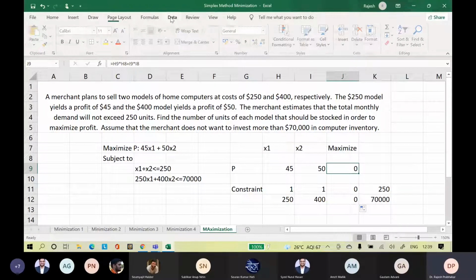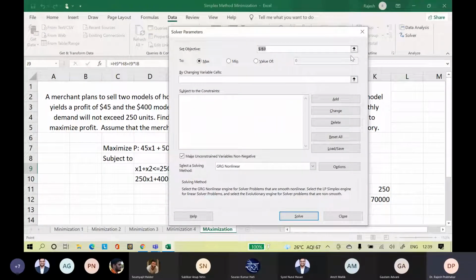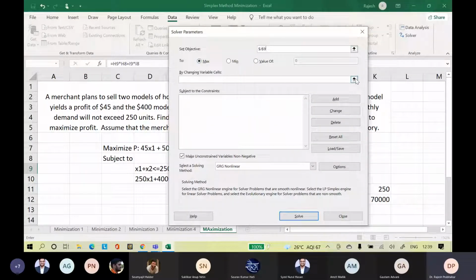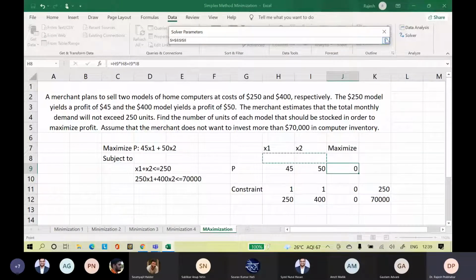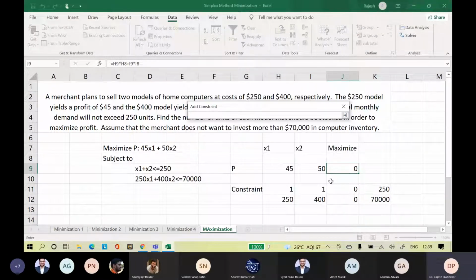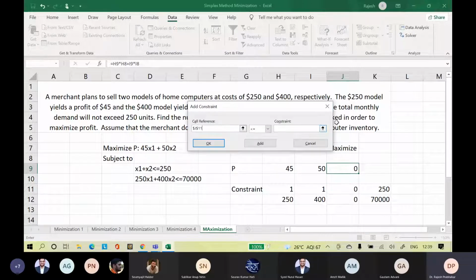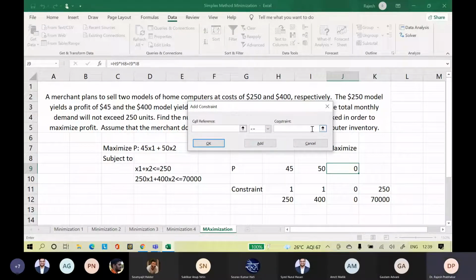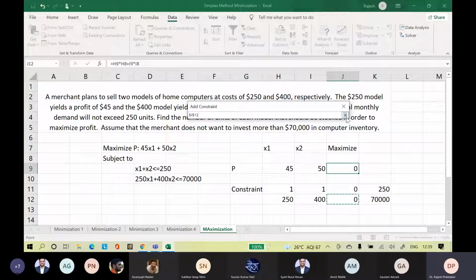Now we'll go to data solver. This is the maximization only we are trying to do. Add constraint, cell reference, this less than equal to this, add cell constraint, this less than equal to this.